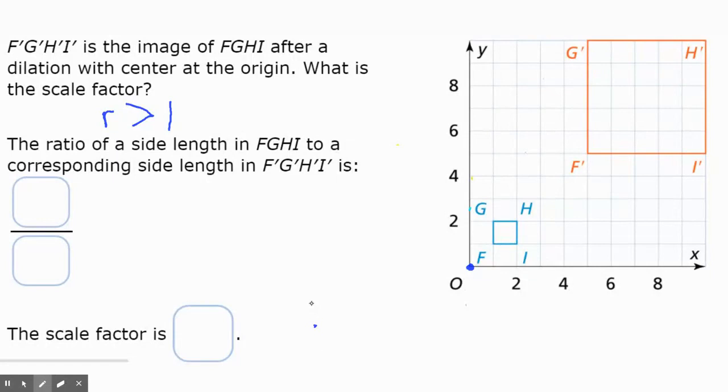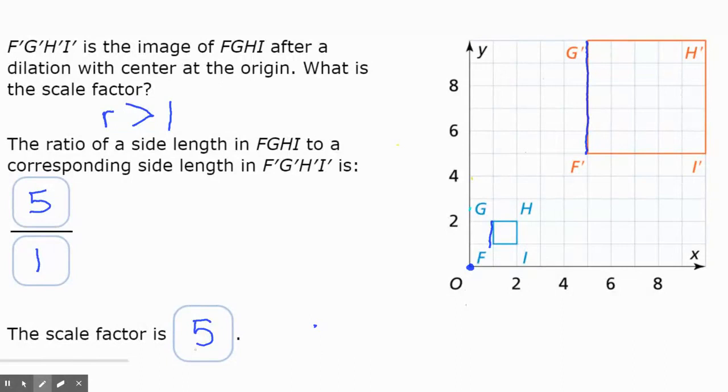I know I'm getting larger. So we have to take the ratio of a side length in FGHI to a corresponding side length in F prime, G prime, H prime, I prime. So let's go ahead and just do the side length F prime, G prime to FG. Okay, so FG is 1. That's on the bottom. And F prime, G prime is 1, 2, 3, 4, 5. 5 over 1. The scale factor is 5.